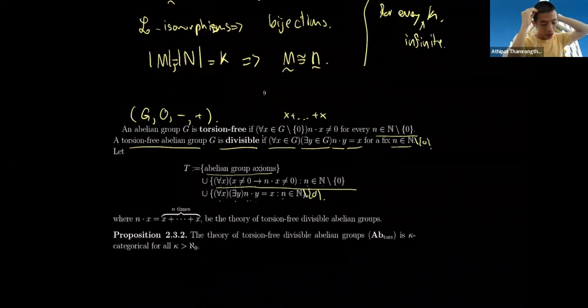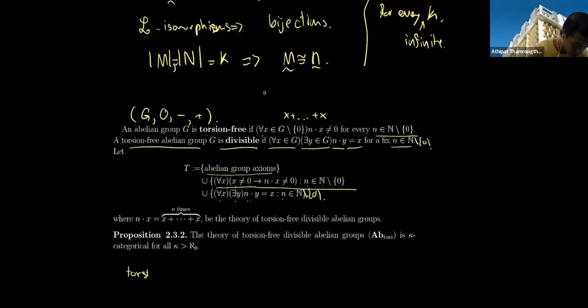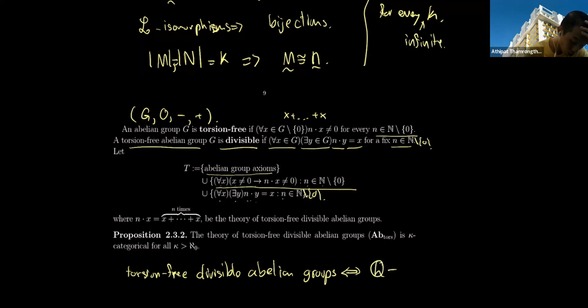Okay, here we can show that when you consider torsion-free divisible abelian groups, this is the same thing as when you consider a Q vector space.